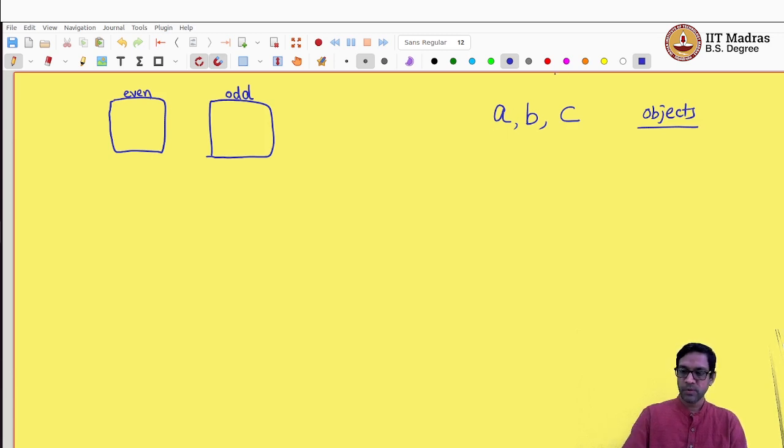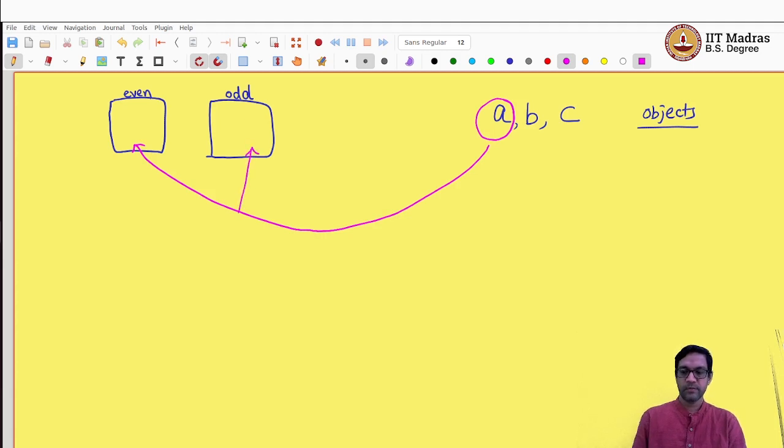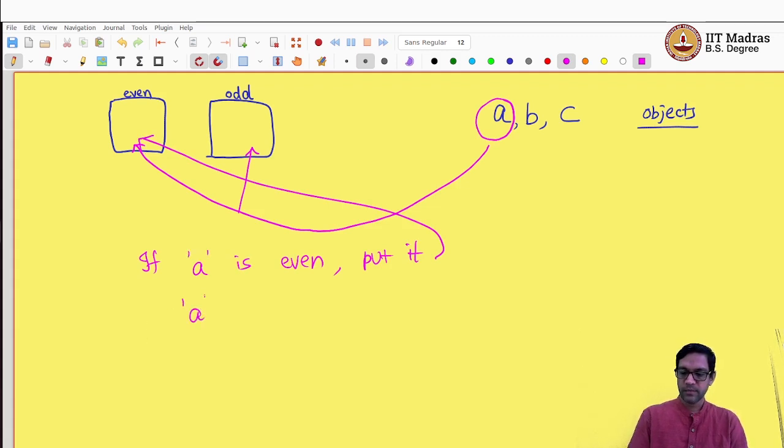So what I'll do is I will look at this number A. When this number A comes in, I will see where I should place it. If it's even, I will put it here. If it's odd, I will put it there. So if A is even, put it here. If A is odd, I place it into this box.